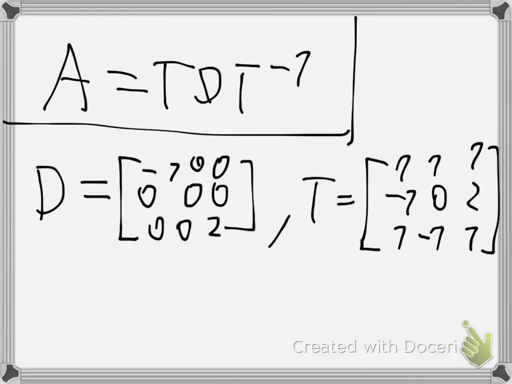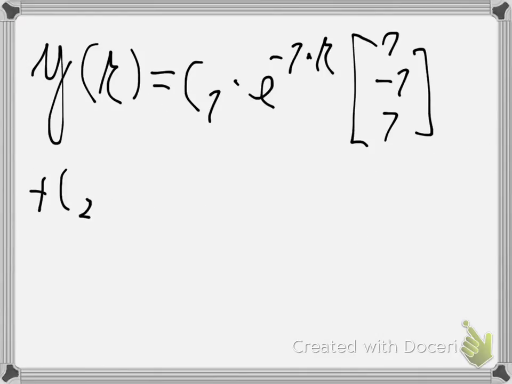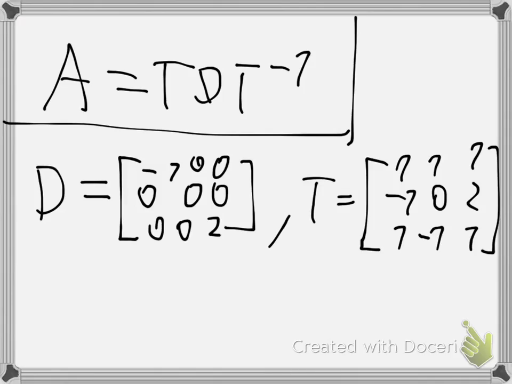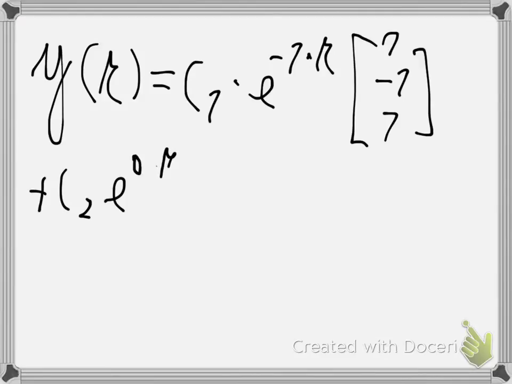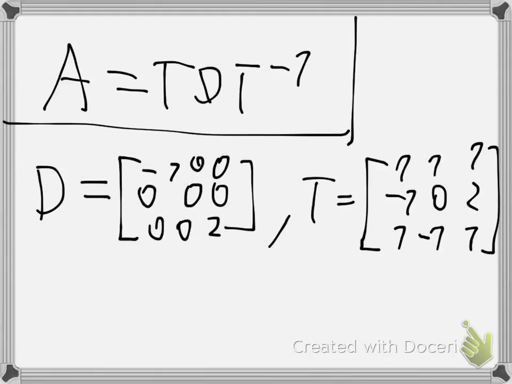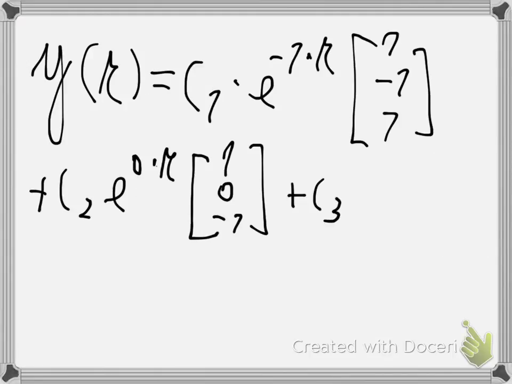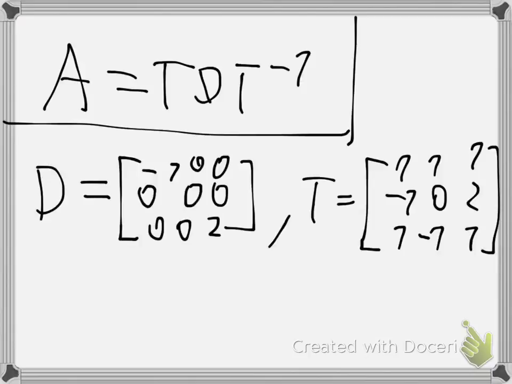Plus c2 times e to the power of the second eigenvalue, which is 0, so e to the 0 times t just becomes 1, times our second eigenvector, 1, 0, negative 1, plus c3 times e to the power of the third eigenvalue, 2 times t, times the third eigenvector, 1, 2, 1.